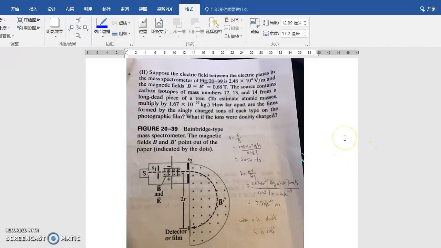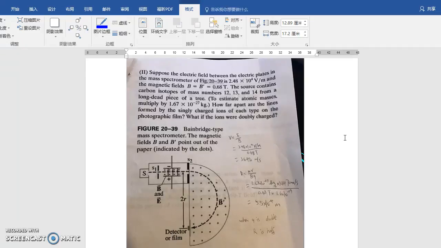And question 4 is to calculate the distance.